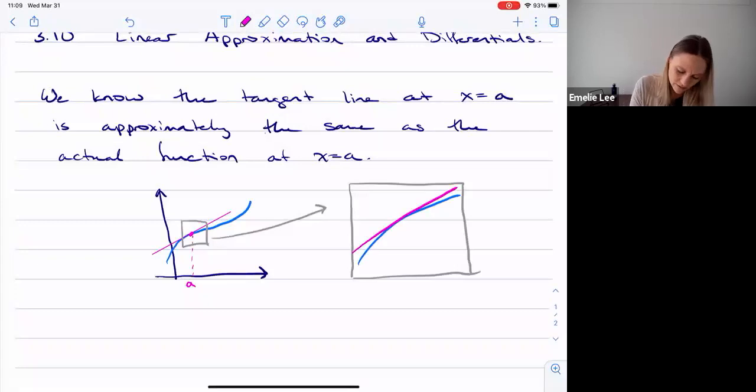So it's basically the same for some stretch of time, right?